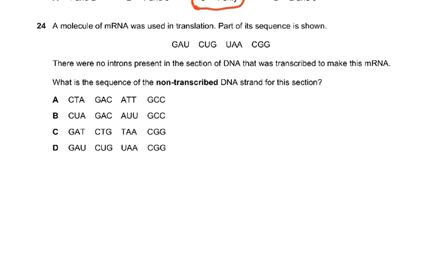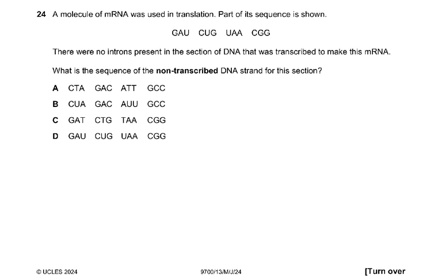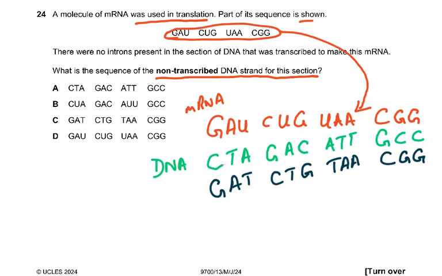Then question number 24. A molecule of mRNA was used in translation. Part of its sequence is shown. There were no introns present in the section of DNA that was transcribed to make this mRNA. What is the sequence of the non-transcribed DNA strand for this section? Now, please remember this. I always ask you to do this in writing.